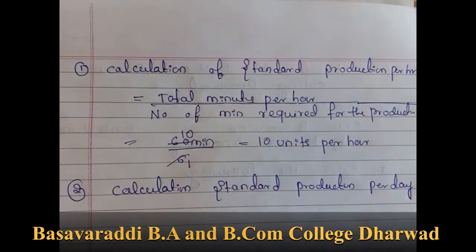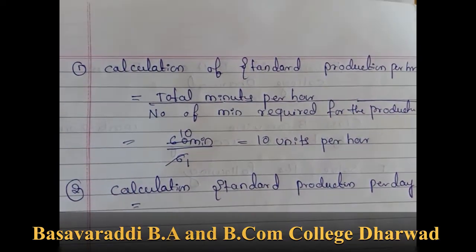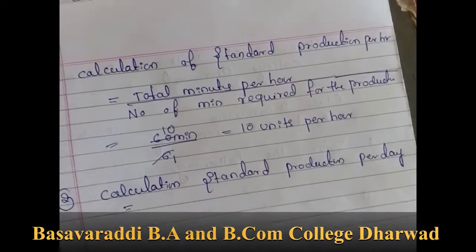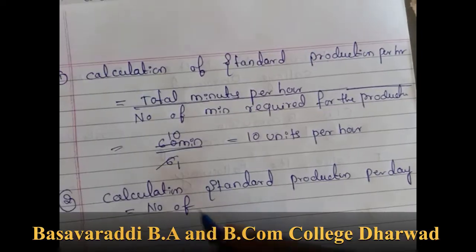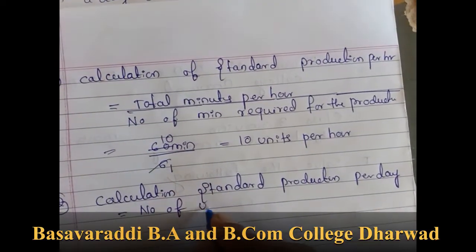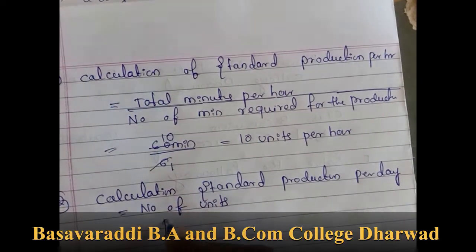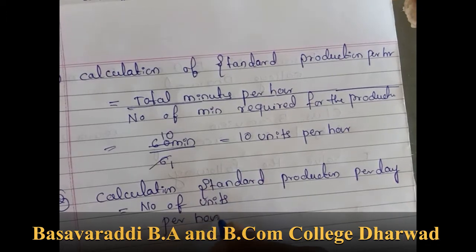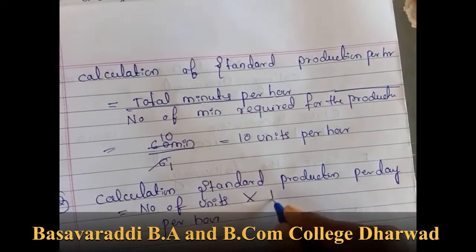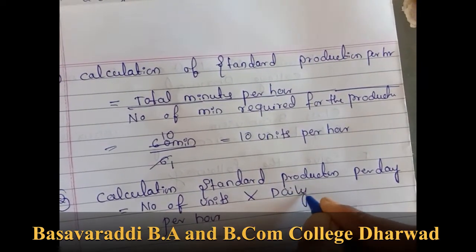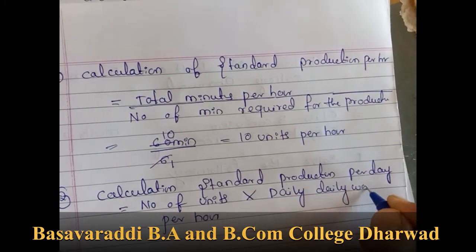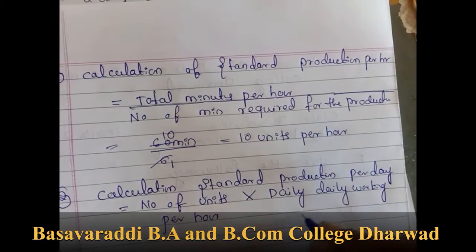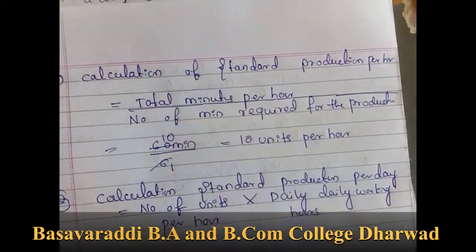Standard production per day is equal to number of units per hour into daily working hours.